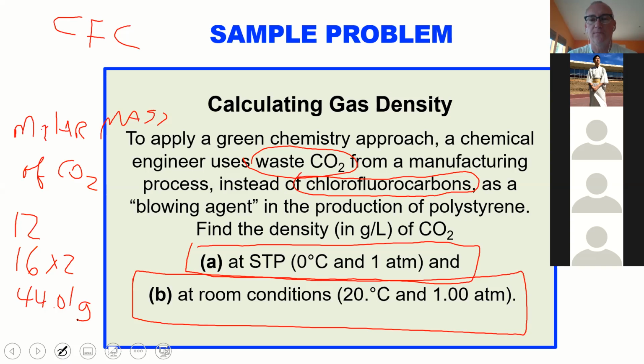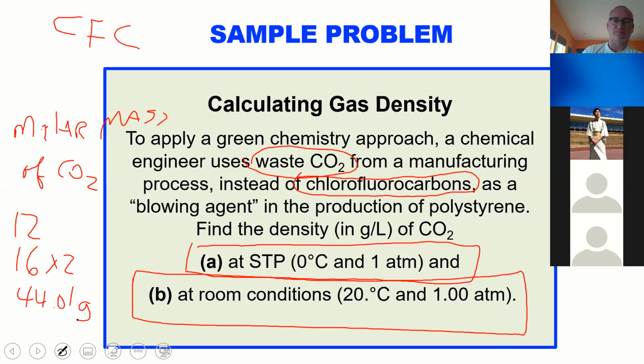Remember? 22.4. There you go. So basically what we're figuring out here is that 1 mole of CO2 at STP is 44.01 grams divided by 22.4 liters. And that gives us grams over liters, which is density. So at STP, what's the density?